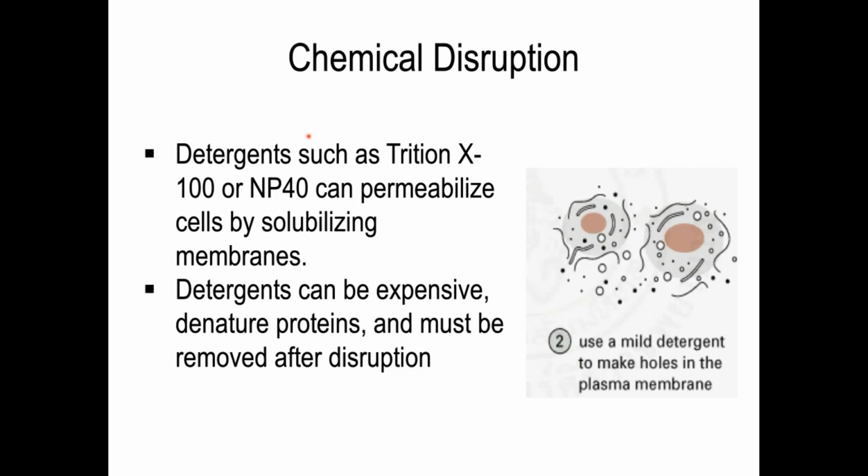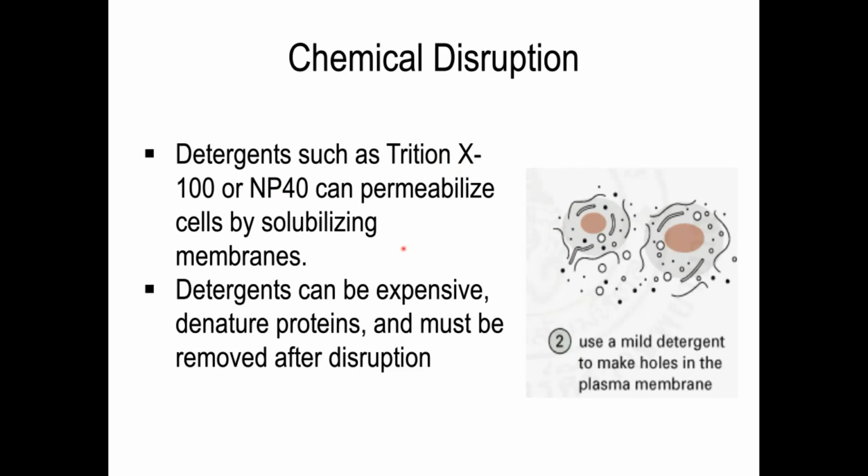The trick is that you, for instance, only get rid of the plasma membrane but leave the organelles intracellularly intact. You use mild detergents to generate, like shown in this insert picture here, holes in the plasma membrane. The detergents of choice here are Tritons like Triton X-100 or Nonidet P-40. They can permeabilize cells by solubilizing the membranes.